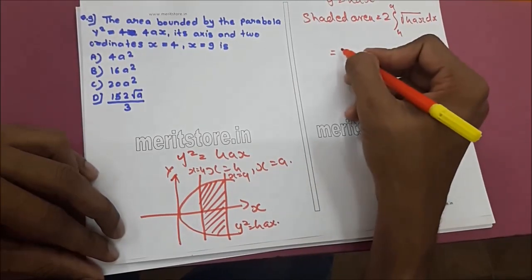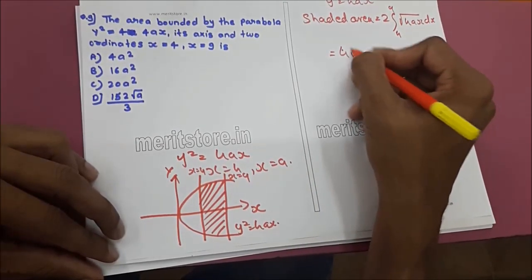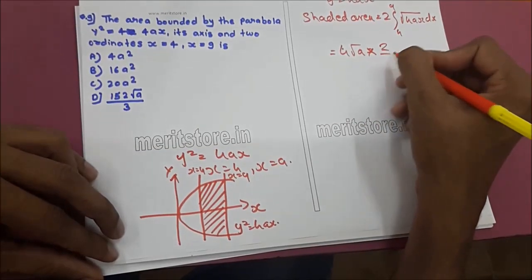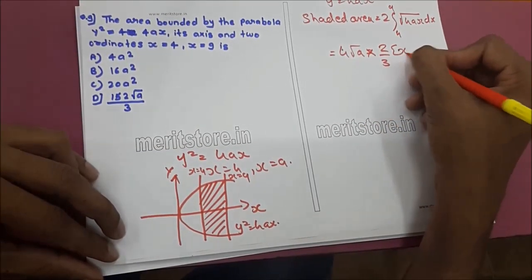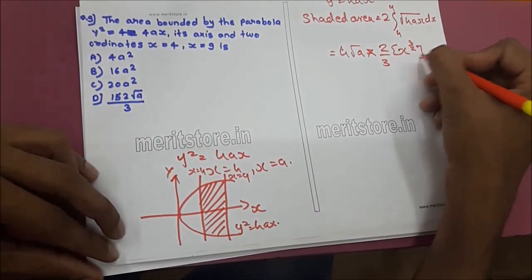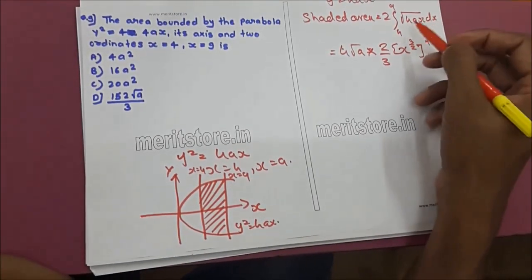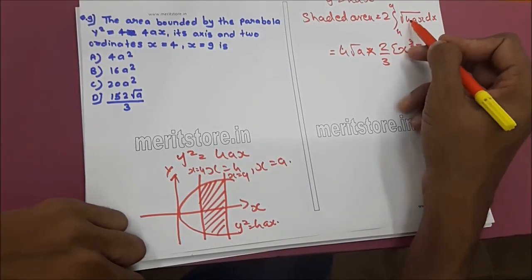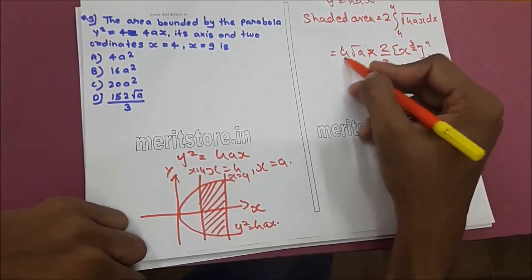So we integrate the root part, we get 4 into root a into 2 by 3 x raised to 3 by 2, from 4 to 9. We see that root 4 is 2, where 2 into 2 is 4.